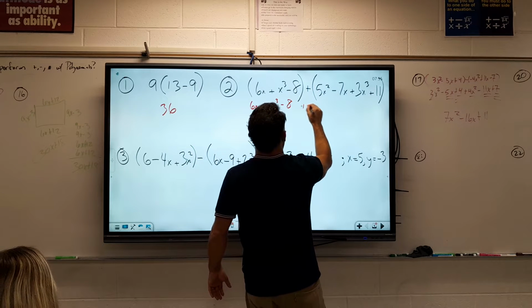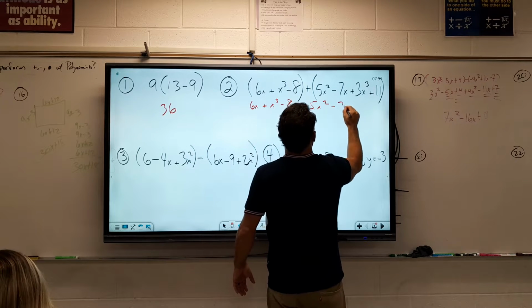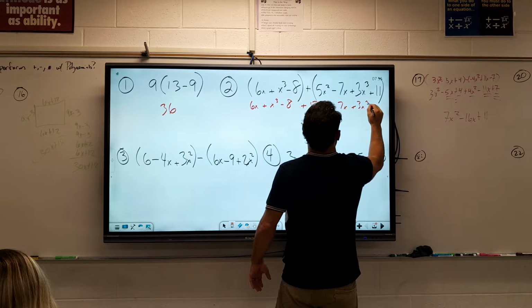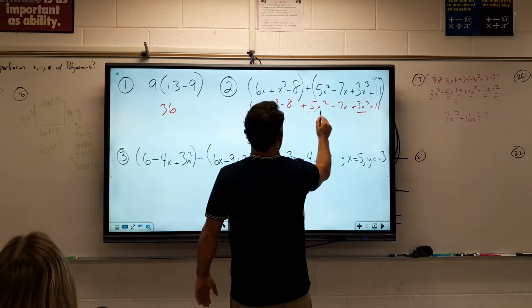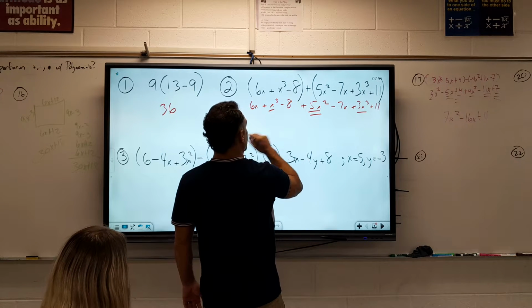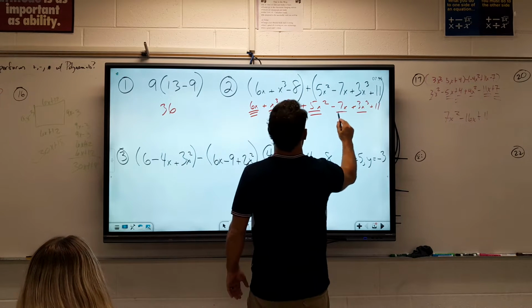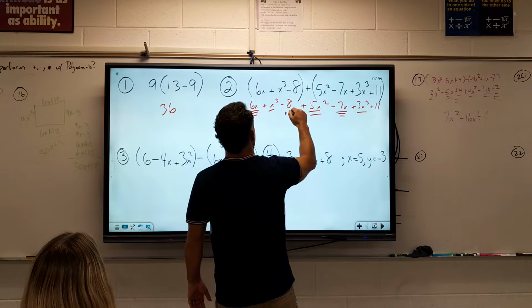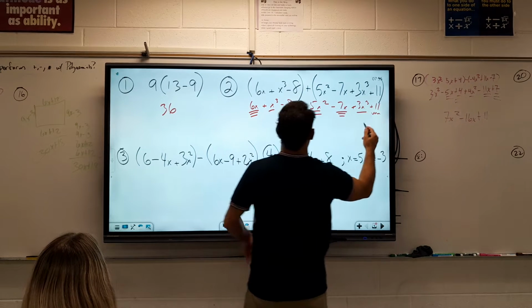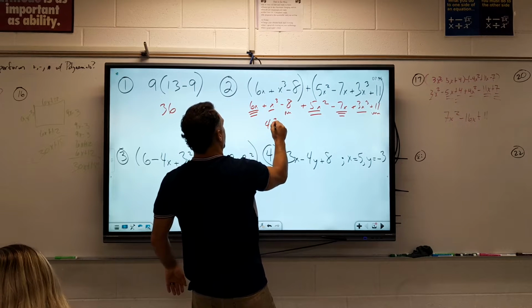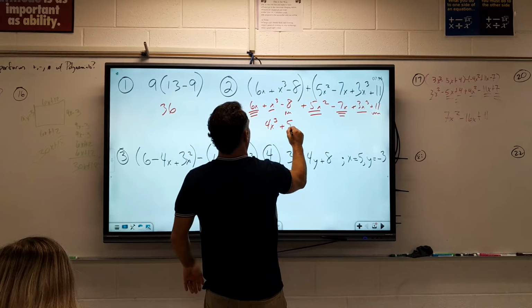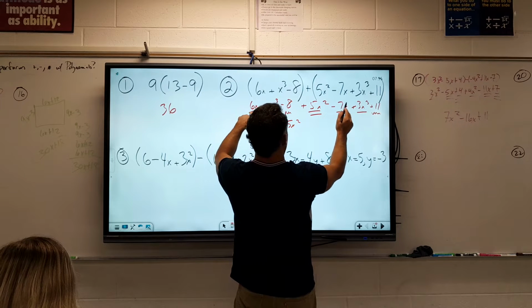This is a positive. First goes first. Second is second. Third is third. And then these constants will be last. So we get 1 and 3 make 4x squared to the third. 5x squared. 6, -1.